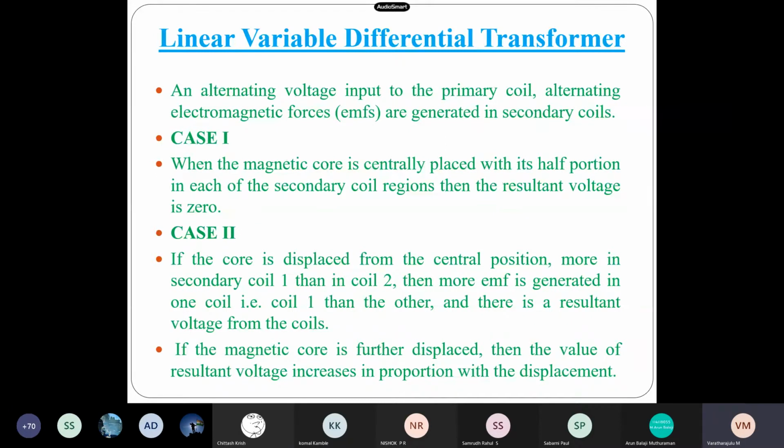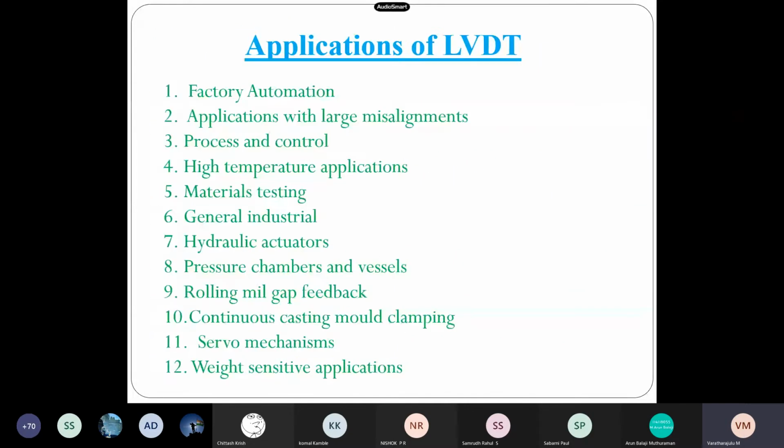And if the magnetic core is displaced further, then the resultant voltage increases in proportion to the displacement. Therefore, the LVDT uses both magnitude and polarity.